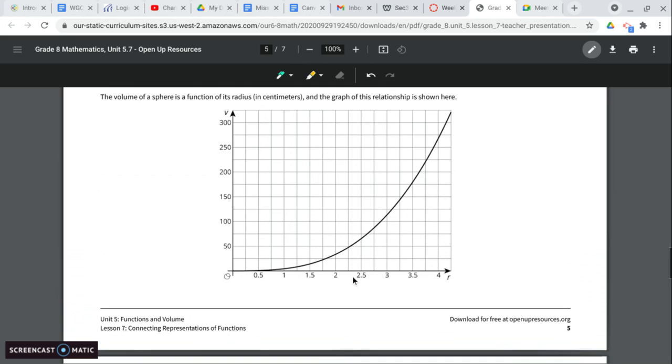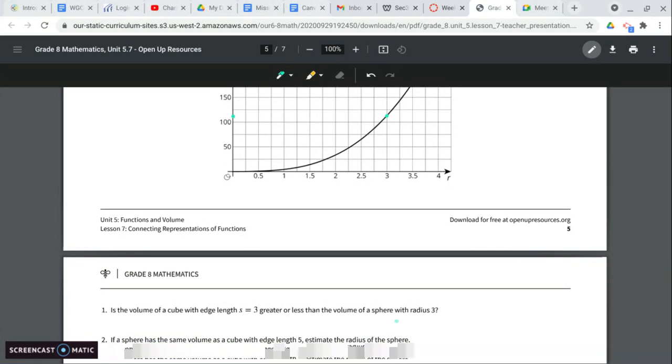So if we look, radius of 3, we're over 100, probably 115 maybe. So over 100 centimeters cubed.